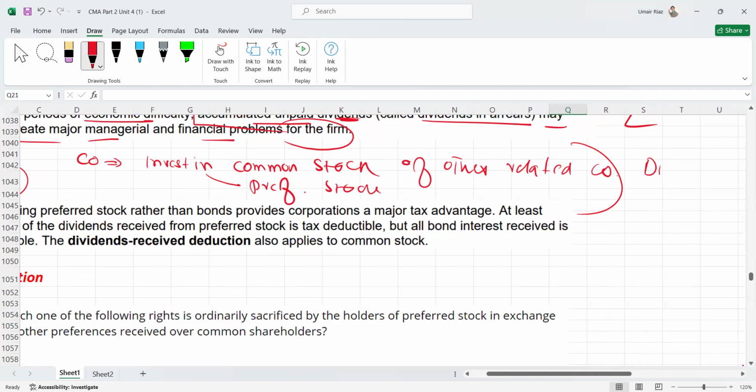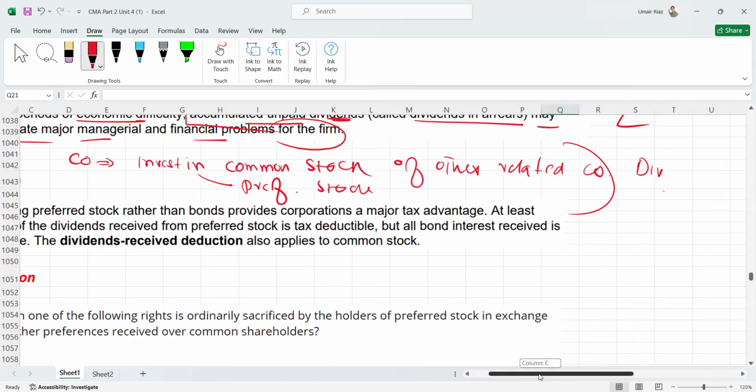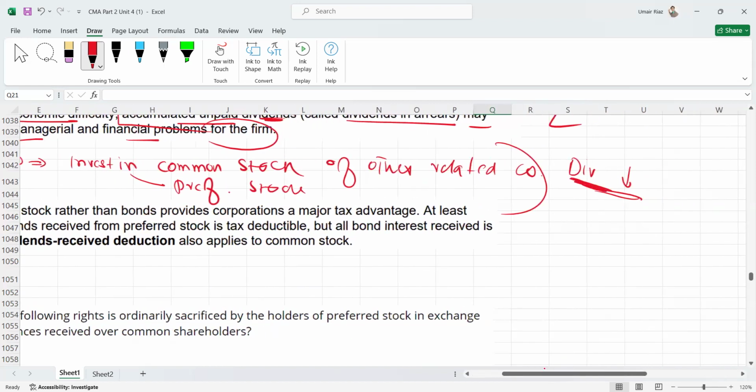As per US tax law, almost 70% of this dividend, even of common stock or preferred stock, which you are receiving on your investment, is tax deductible, meaning you need not pay tax on it. Maybe on the remaining 30% you will pay tax. Understood?